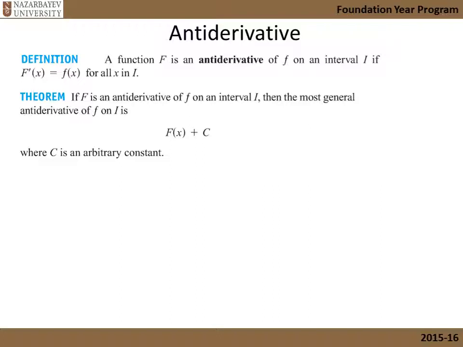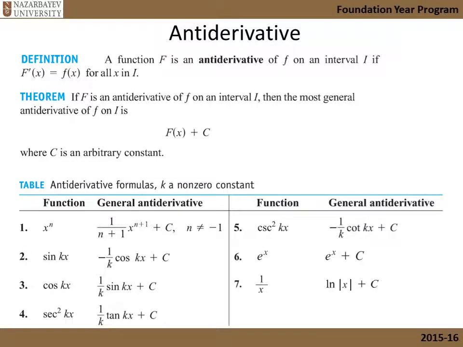If F capital is an antiderivative of f small on the interval I, then the most general antiderivative of f on I is F of x plus c, where c is an arbitrary constant.